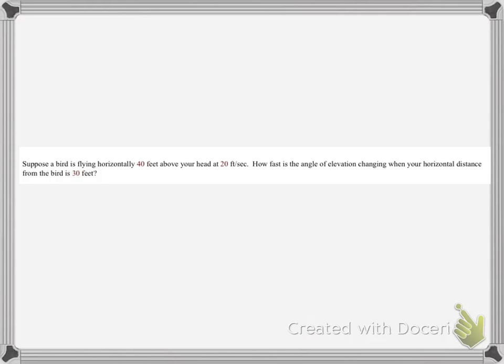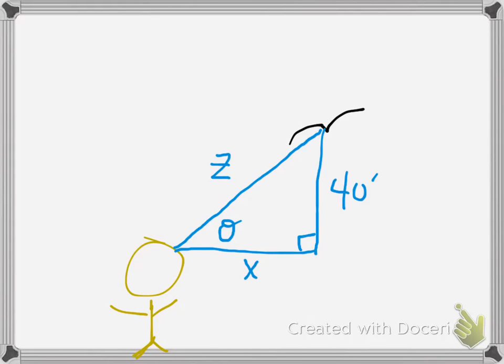Okay, so the next thing we want to do once we have a good picture is start interpreting the other quantities we have in the problem in terms of the variables that we have in the picture. Since the bird is flying horizontally and our horizontal distance is named x in our picture, we want to relate that 20 feet per second to x in the picture.